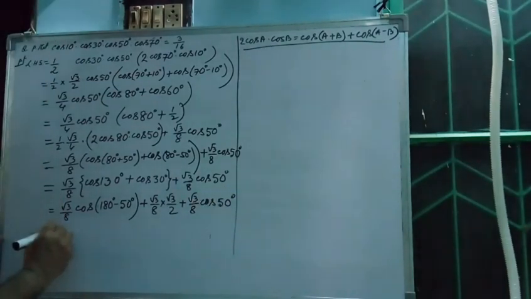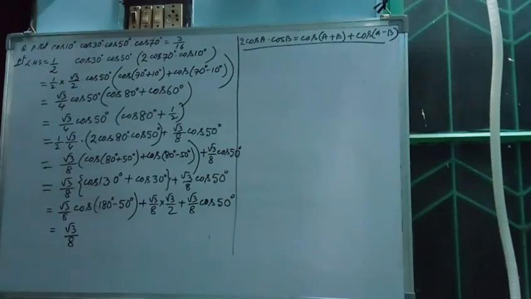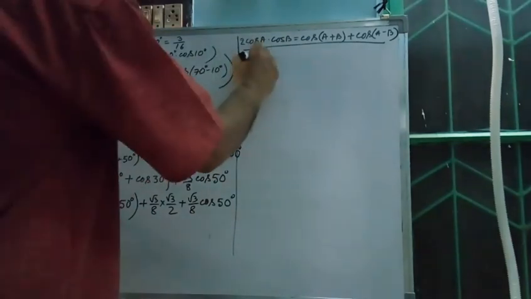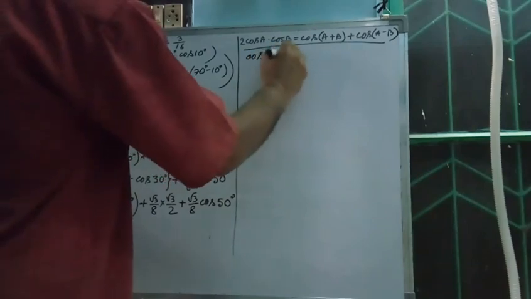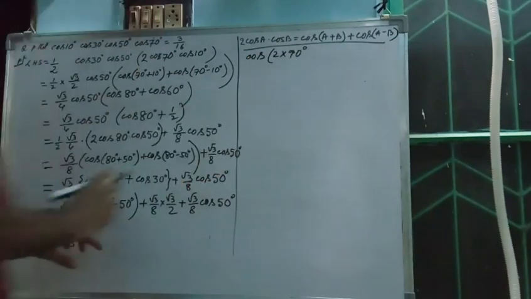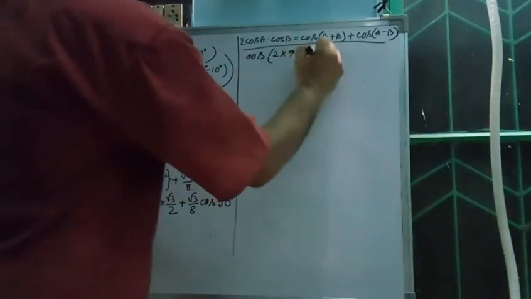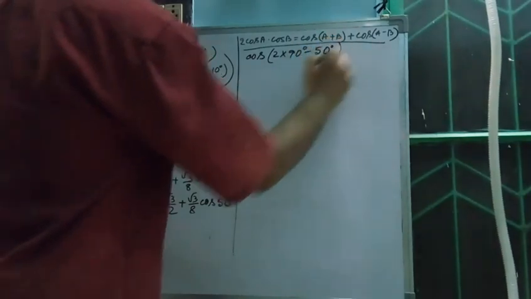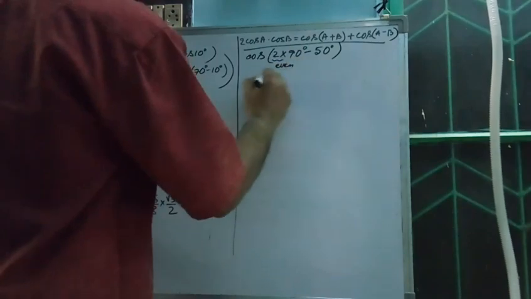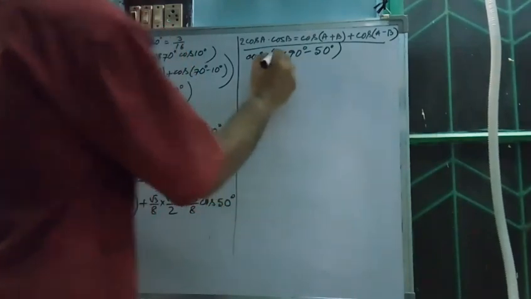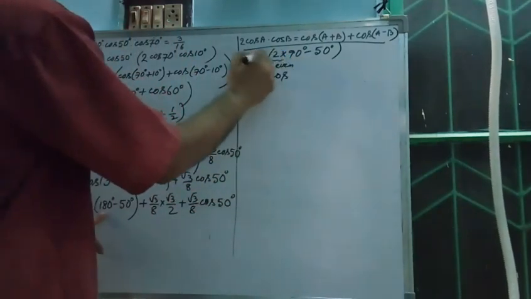Now see, root 3 by 8 into cos(180 minus 50) is how much? 180 minus 50 means 2 into 90 minus 50. What I said in the last class: 2 is an even number. When it is even, cos will be cos. When it is odd, cos will be sin.